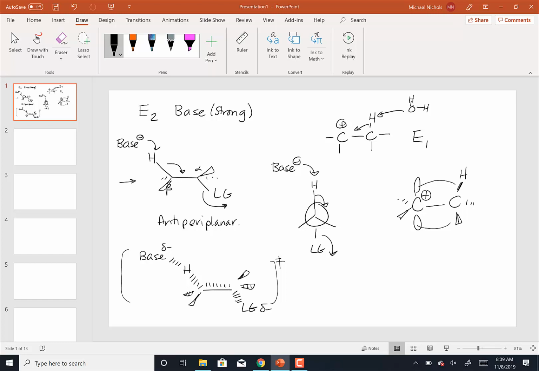It just has to line up with one of those two orbitals. So the hydrogen does have to be periplanar, but it doesn't have to be anti-periplanar. But in E2, it has to be anti-periplanar.